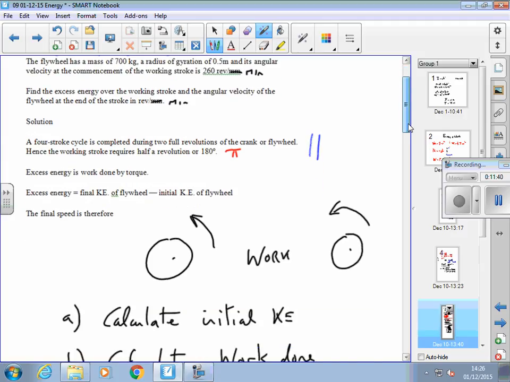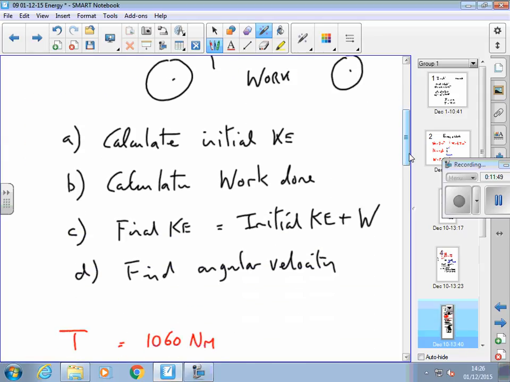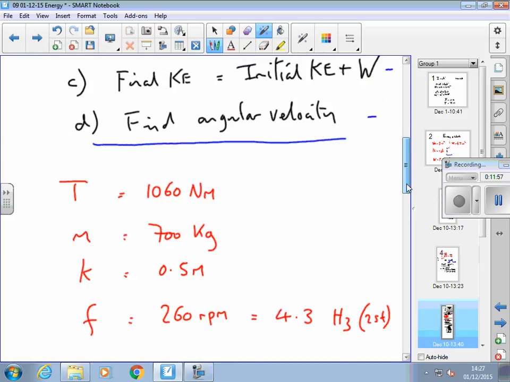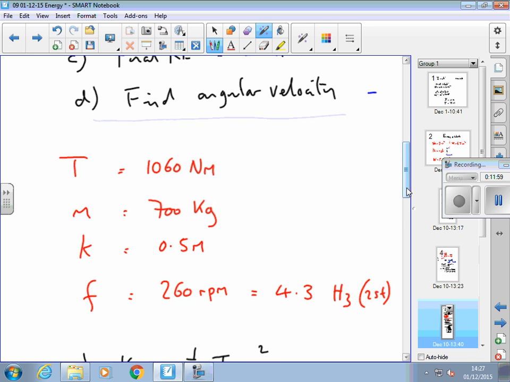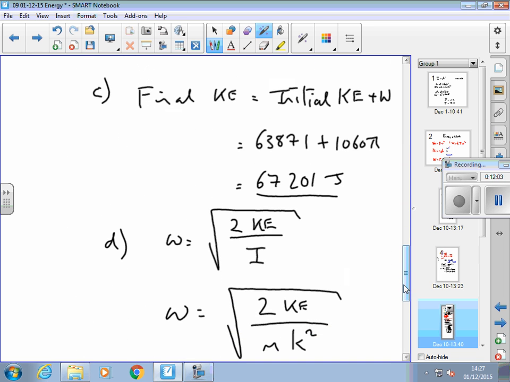And you need to understand that the work we do adds to that kinetic energy of initially, and so on. So it's understanding what's involved. In other words, it's getting to this bit. That's the awkward bit. Sussing out what we've got to do and in what order to solve the problem. Once you've done that, and you've extracted the information and got it in the appropriate units, the rest, with practice, is plain sailing, I hope you'll find. Okay?